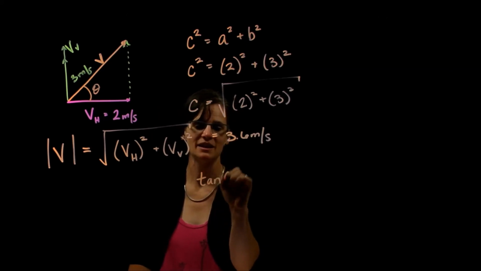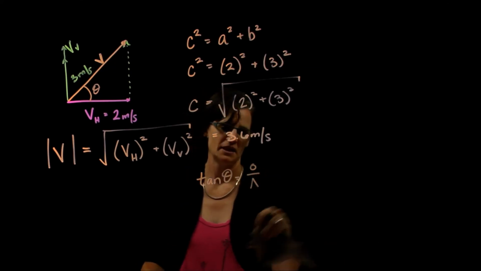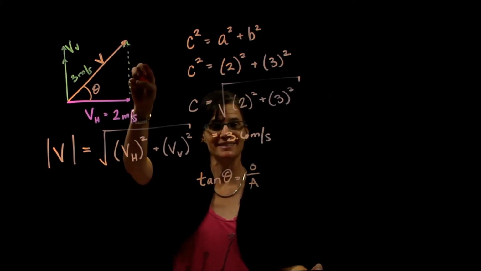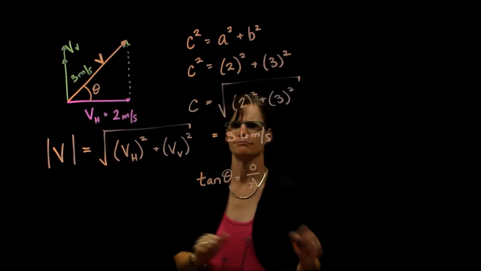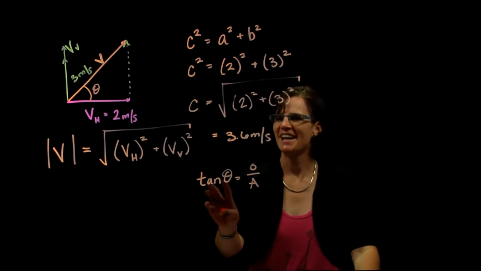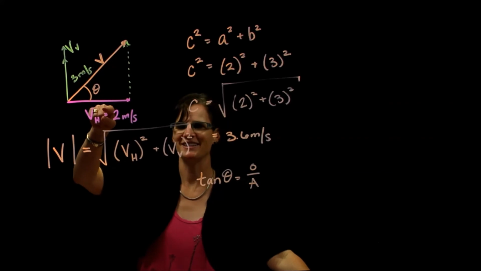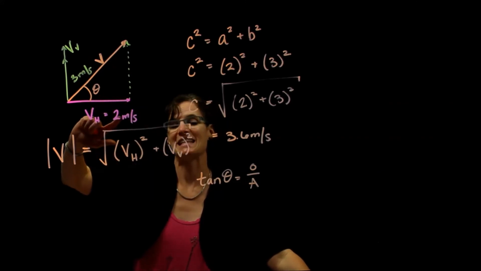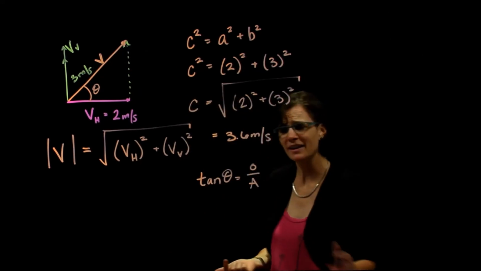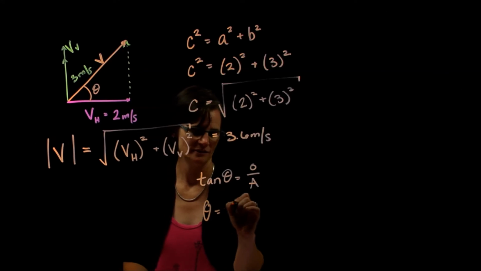We know that the tangent of an angle is equal to the opposite over the adjacent. Just to be clear, the angle that we're interested in with respect to the positive x-axis, as it's drawn here, our tangent is going to give us the opposite over the adjacent. So I can take the inverse tangent to get my angle.